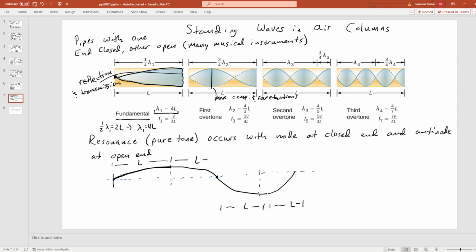So to go from one full cycle is 4 times the length of the pipe. So our fundamental tone in a pipe open at one end and closed at the other is 4 times the length of the pipe. And remember that V is equal to lambda times F. And V is the speed of sound in air if we're dealing with woodwind or any wind instrument.